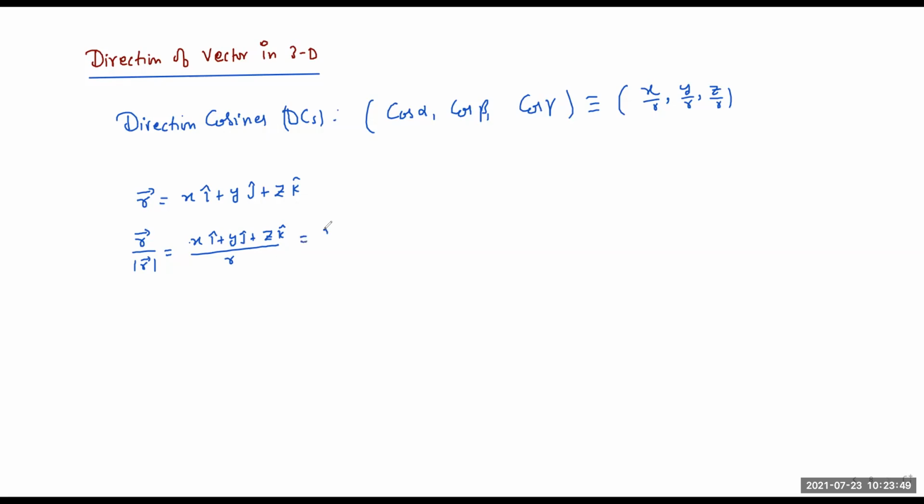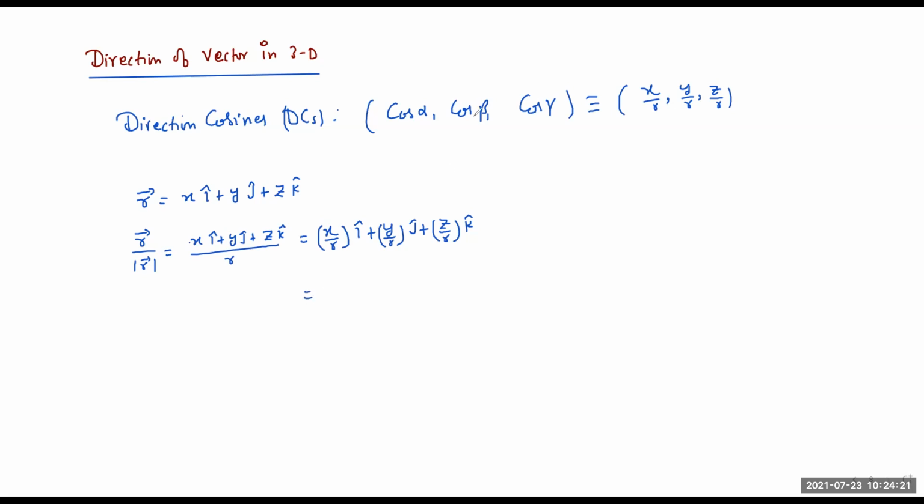Then I can partition it: x by r i cap, then y by r j cap, and z by r k cap. We realize that the moment we find the unit vector of a given vector, the coefficients of i, j, and k represent the direction cosines.